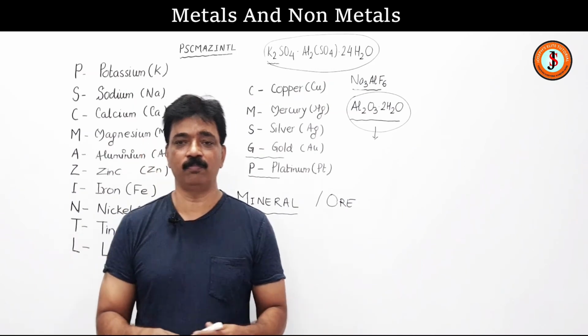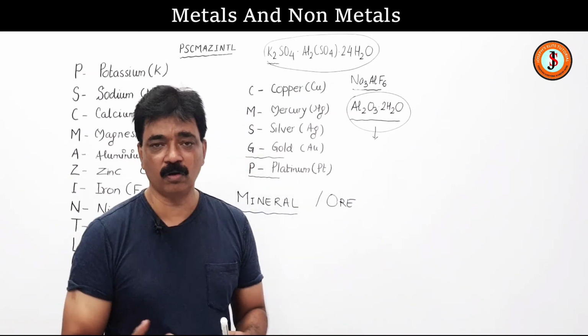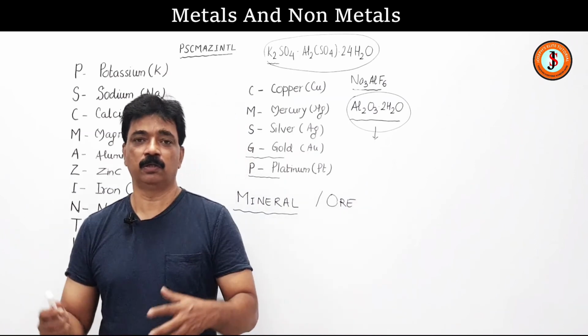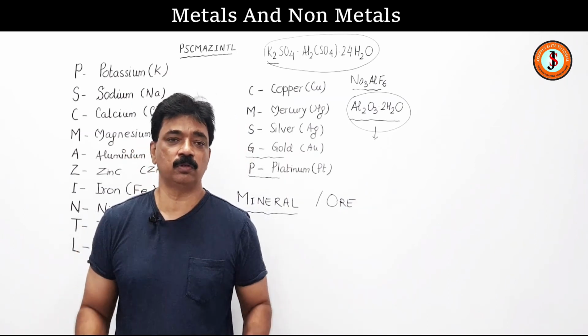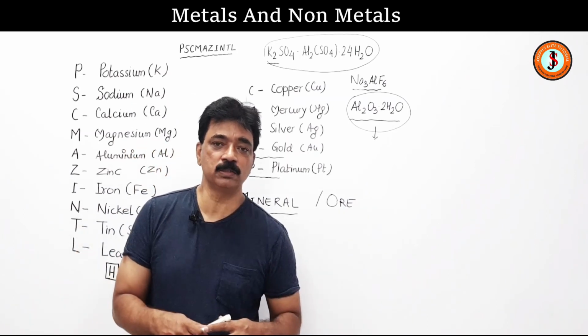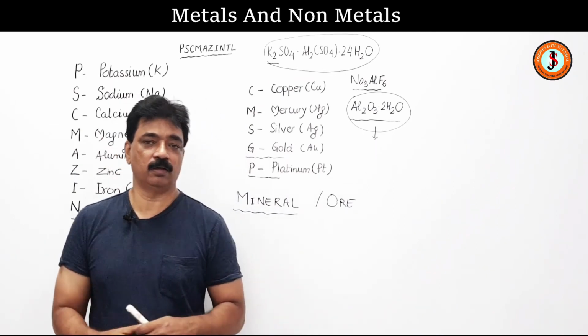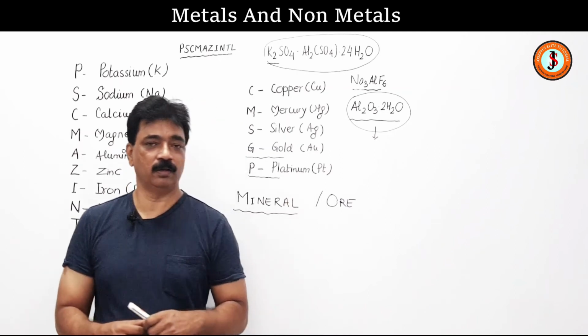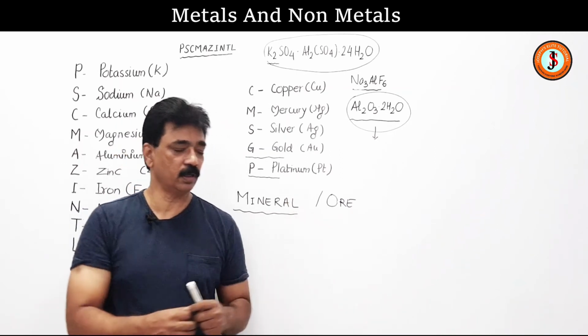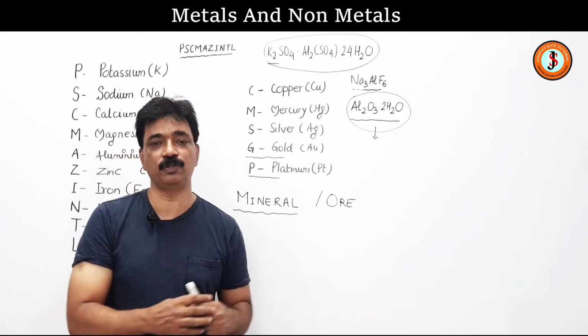Or for copper, you can have copper pyrite or cuprite. So their formulas have to be understood. A list of those formulas I will be presenting at the end of this video.